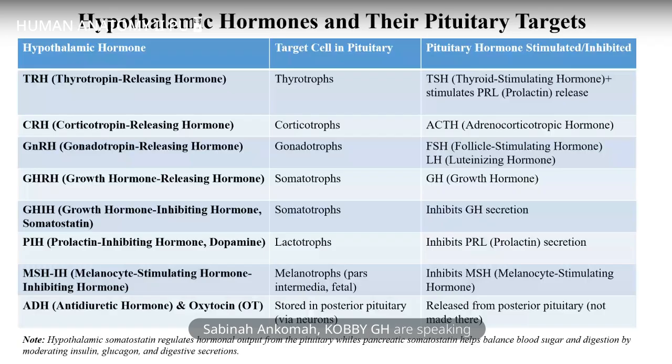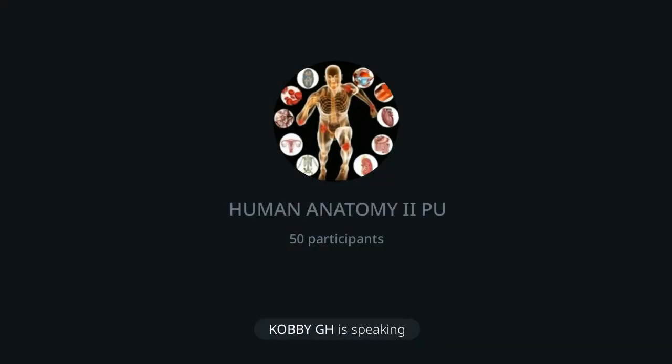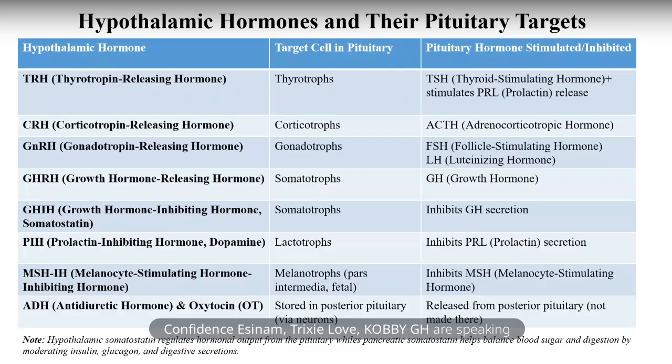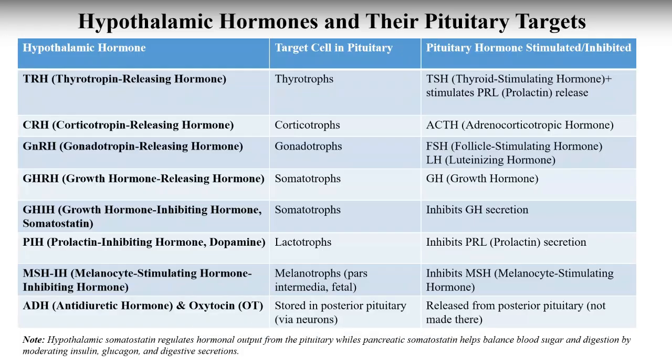Which gland produces growth hormone inhibiting hormone? The hypothalamus.